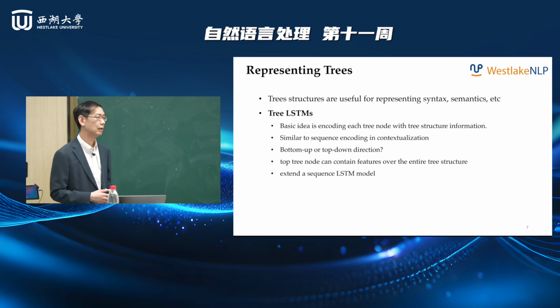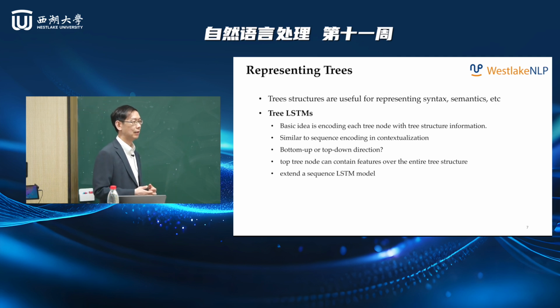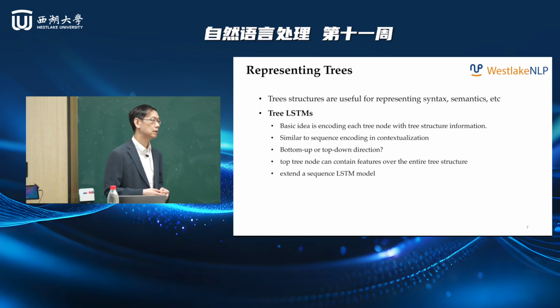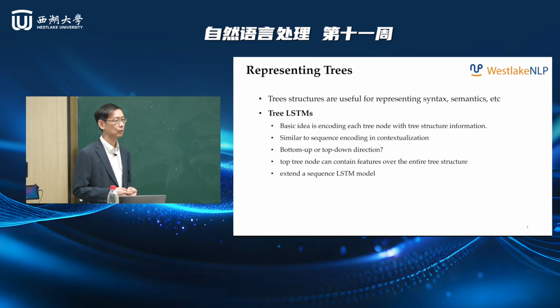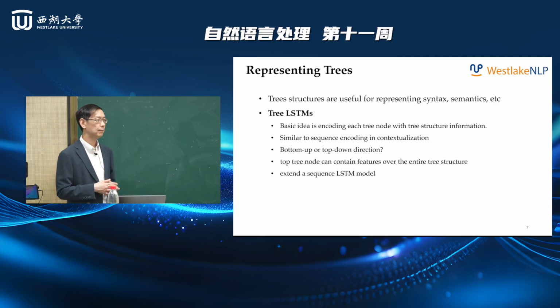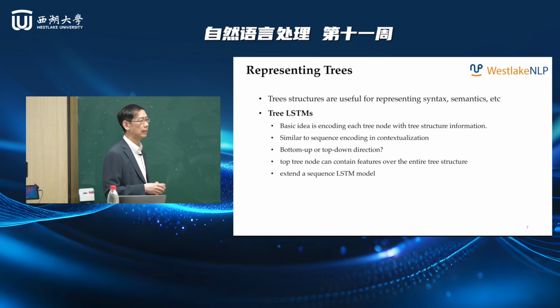And when we build a tree representation, the first question we ask ourselves is, okay, how can we use neural networks to learn tree-level context features, right? So just as we discussed for sequence representation, we need to learn word-word relations within n-grams and also globally, right? So there have been people thinking about CNN, for example, for representing trees.